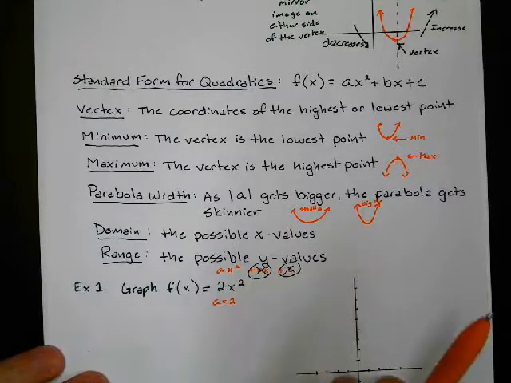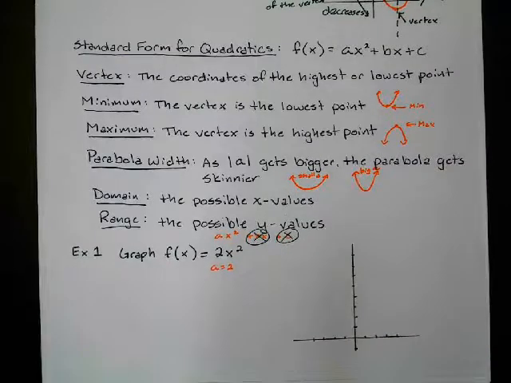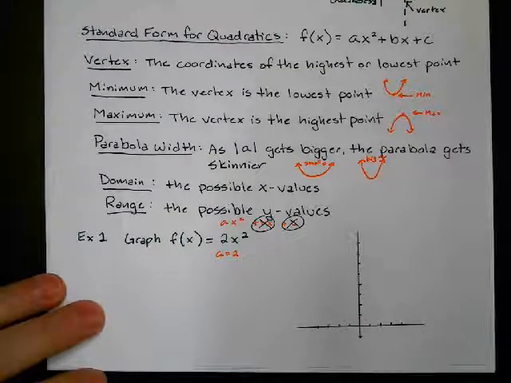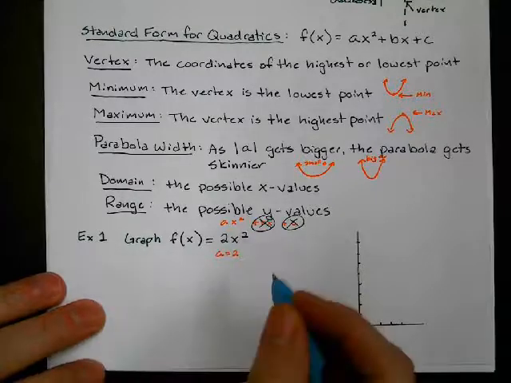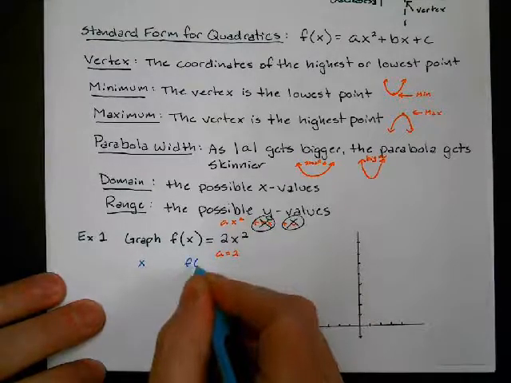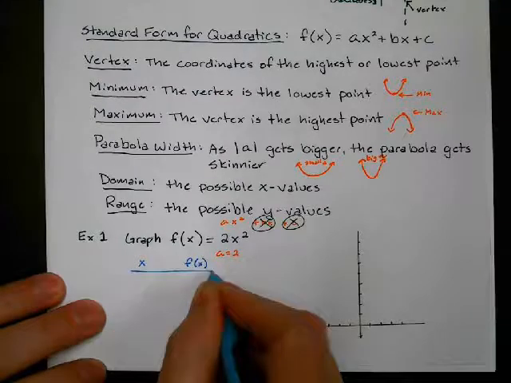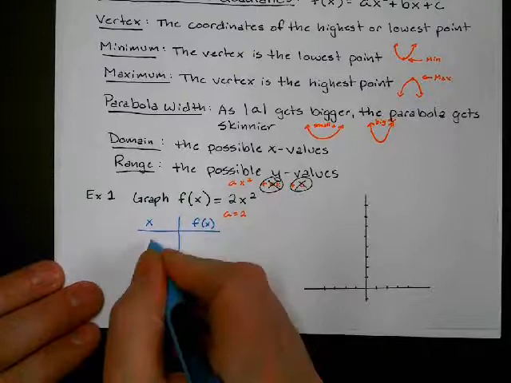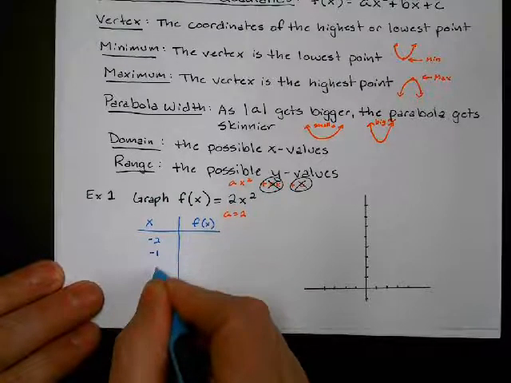Okay, let's go ahead and do a table of values so that we can graph this. Okay, table of values. Let's go ahead for our x and for our f of x. Usually what I would pick for this type of problem would be -2, -1, 0, 1, and 2.